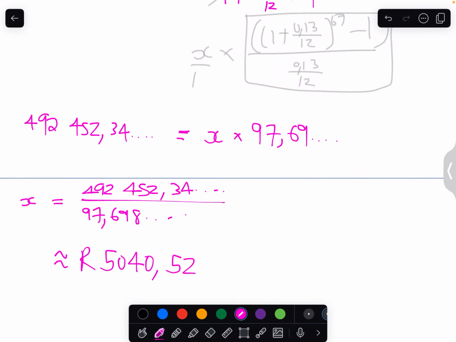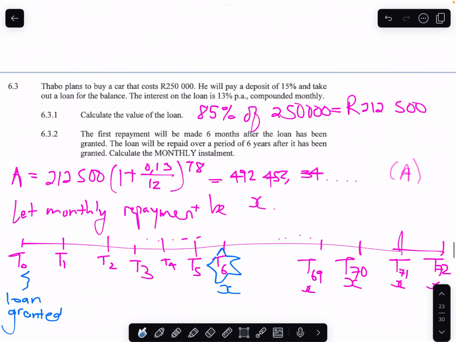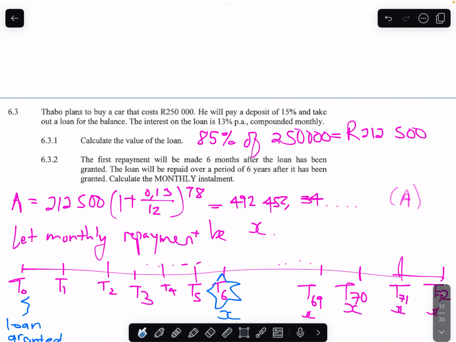Let's see if the memo agrees with me. First of all, we agree about the first question: the loan value, the principal amount, is 212,500 Rand. As for the second bit, we do not agree.